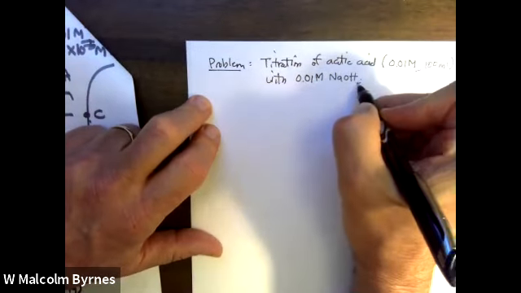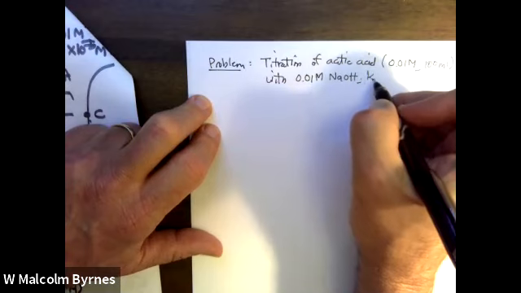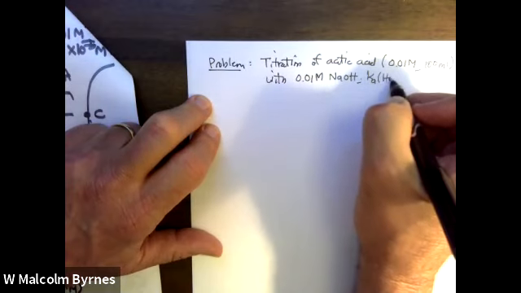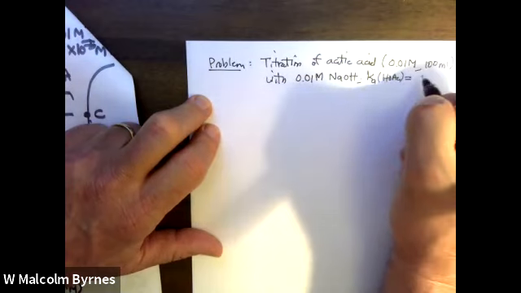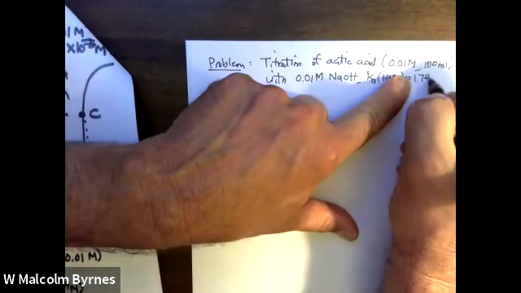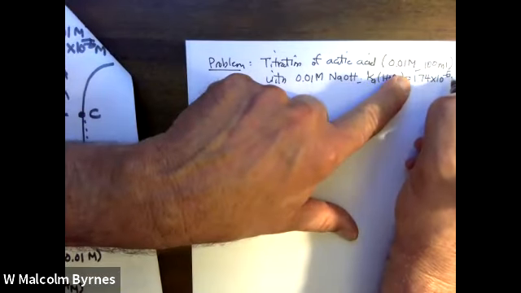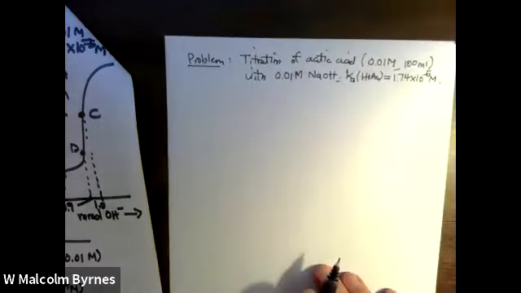And bear in mind that the Ka for acetic acid is 1.74 times 10 to the minus fifth molar.